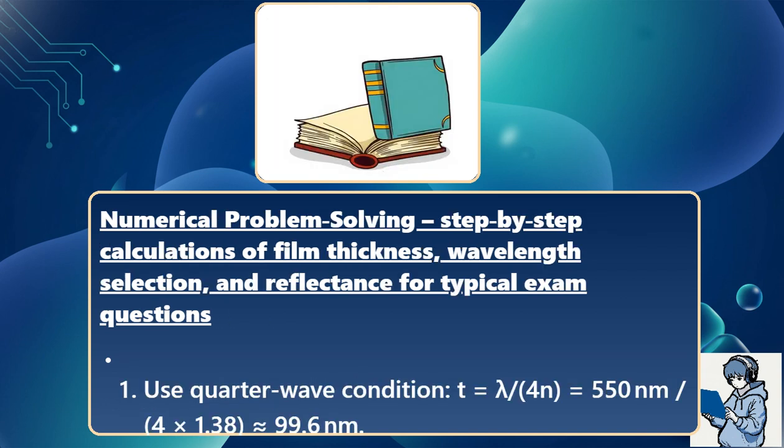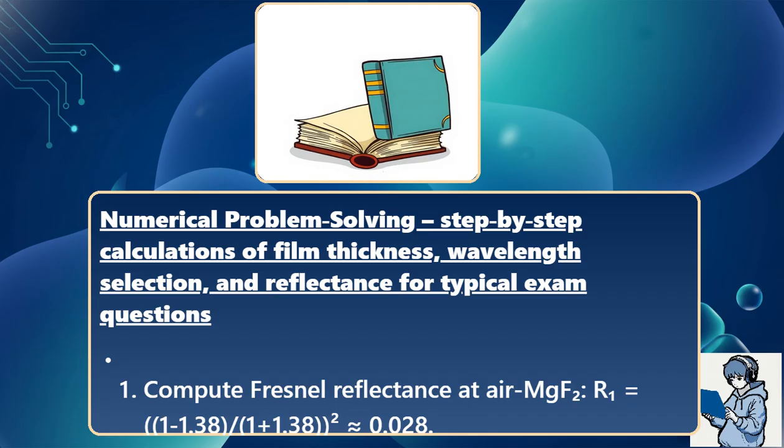Use quarter wave condition. t equals lambda divided by 4n equals 550 nanometers divided by 4 times 1.38, approximately 99.6 nanometers. Compute Fresnel reflectance at air magnesium fluoride. R1 equals (1 minus 1.38) divided by (1 plus 1.38), all squared, approximately 0.028.